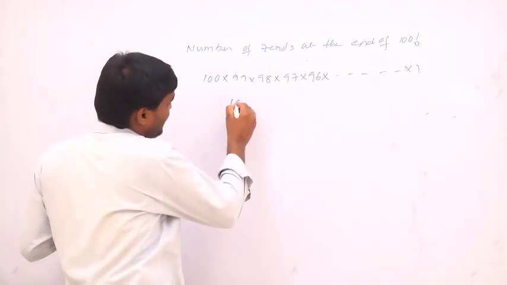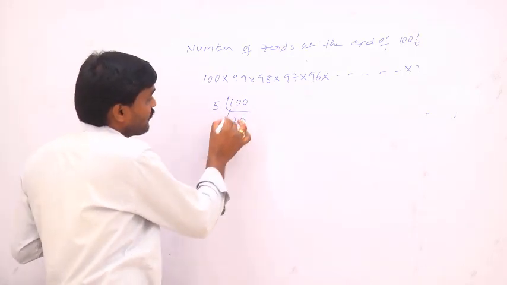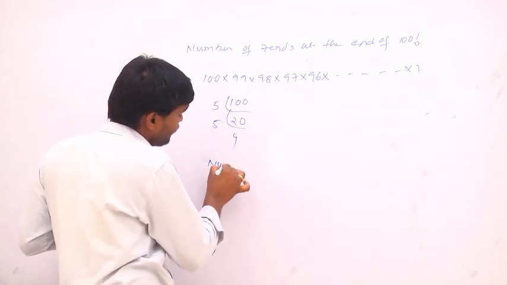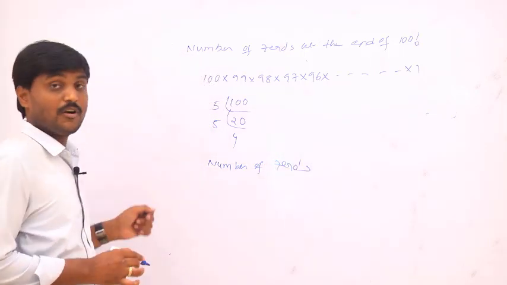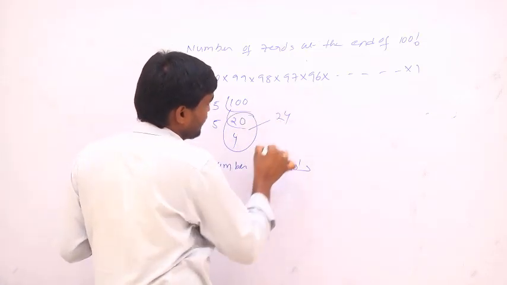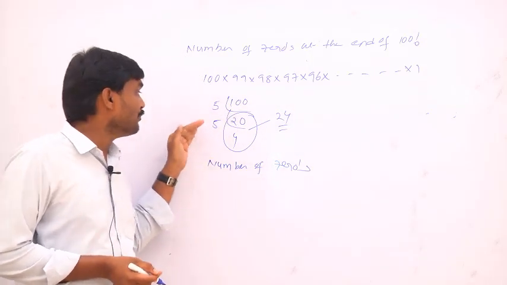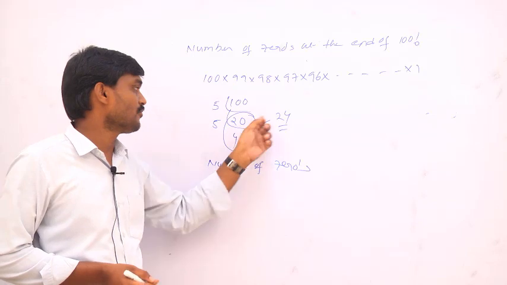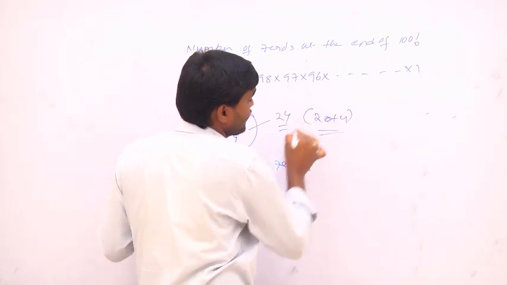The alternative shortcut is that 100 should be divided by 5: 5 20s are 100, and 5 4s are 20. So if you want the number of zeros, add 20 plus 4, that is 24 zeros. The shortcut is to divide by 5 repeatedly, up to below 5. So 5 20s are 100, 5 4s are 20, 20 plus 4 is 24 zeros.